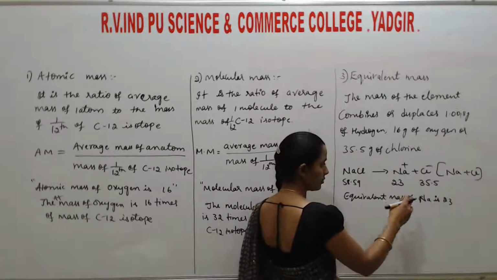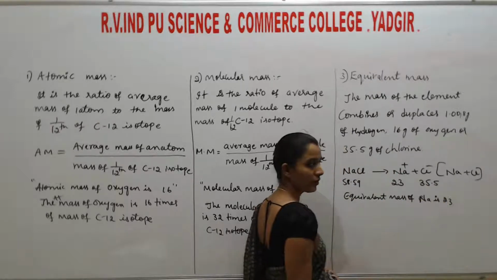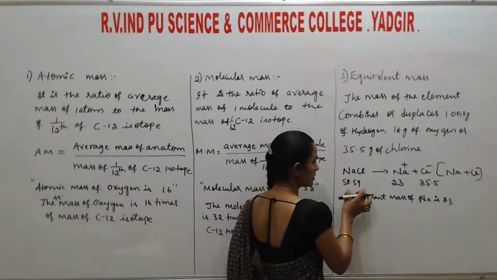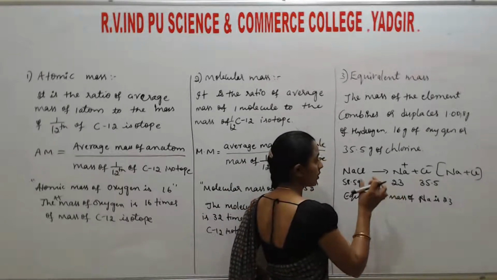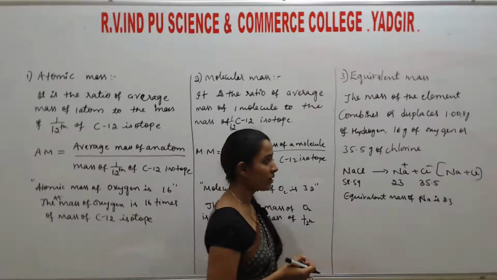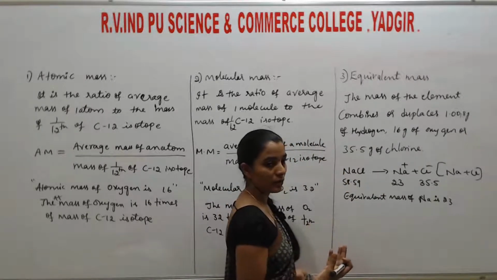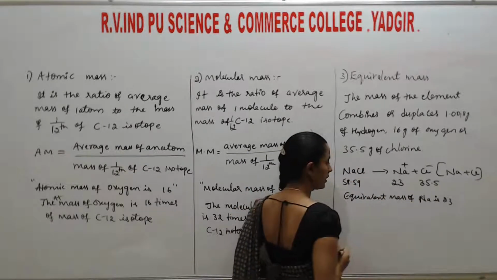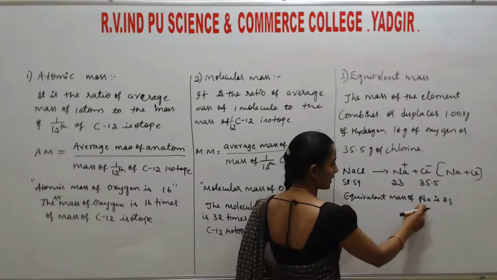Because after decomposition it displaces 35.5 gram of Cl minus. I hope you understood. So this is a reaction that explains the equivalent mass of the respective element based on displacement or combination. The equivalent mass of Na is 23.